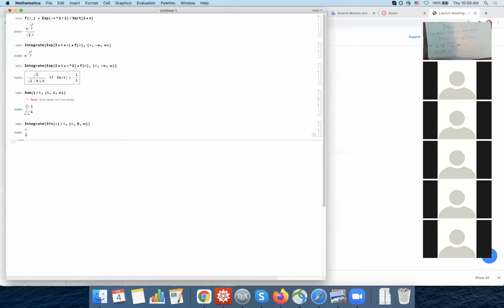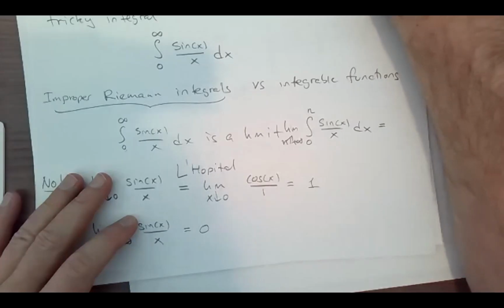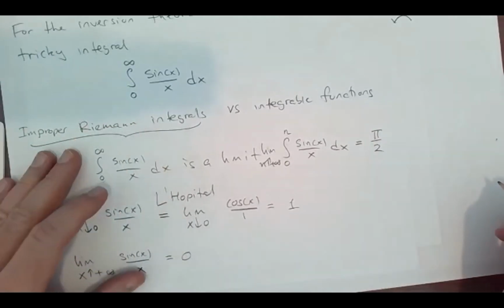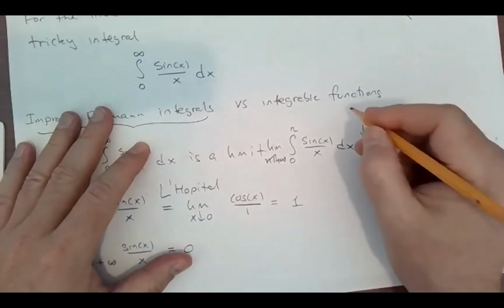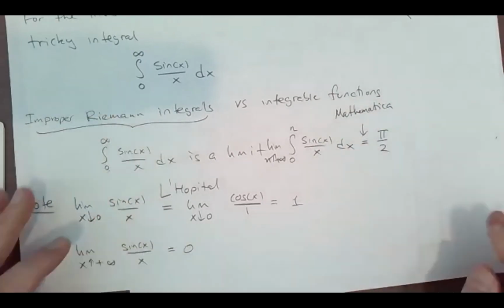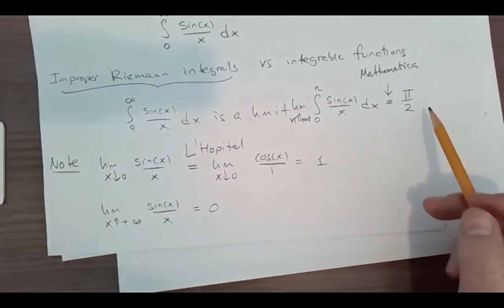And you see, Mathematica spits out pi over 2. So let me write that here on my slide. This is Mathematica. It says that this here is pi over 2. At least for now, Mathematica says that this is pi over 2.